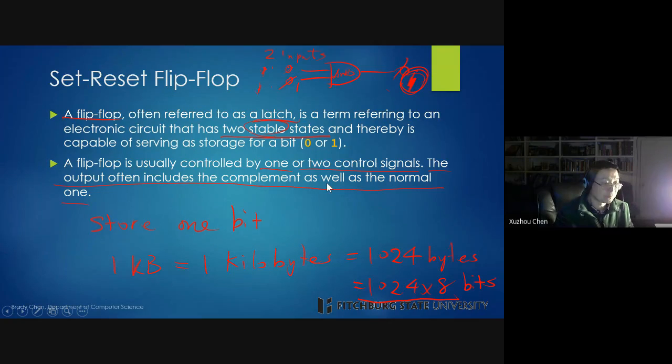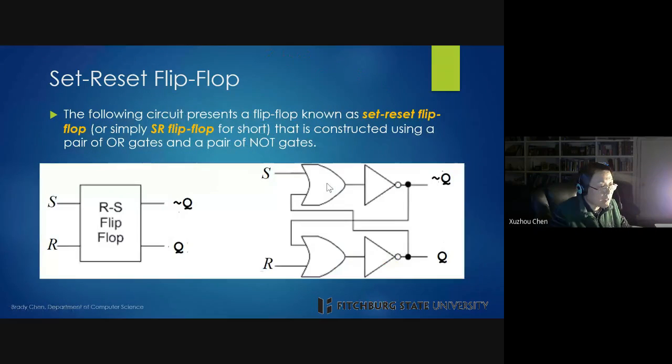Let's take a look. Now here's the design. If you search on Google, you will find various different ways to build the set reset flip-flop. This is just one way.